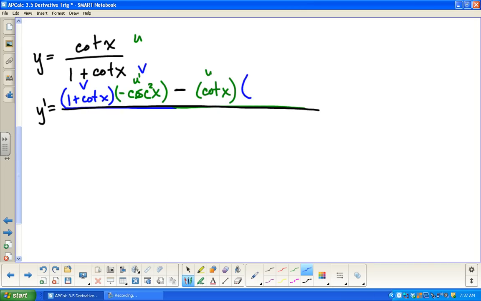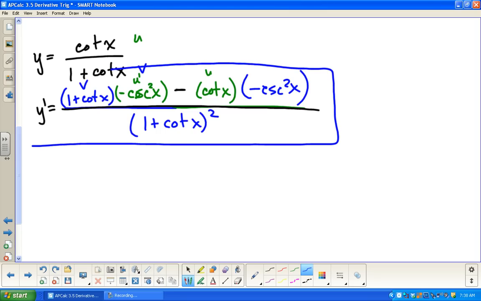The derivative of 1 is 0, and the derivative of cotangent, as we've already discussed, is negative cosecant squared. So first note, in terms of derivative, I can be done. That was v prime, and this is v squared.